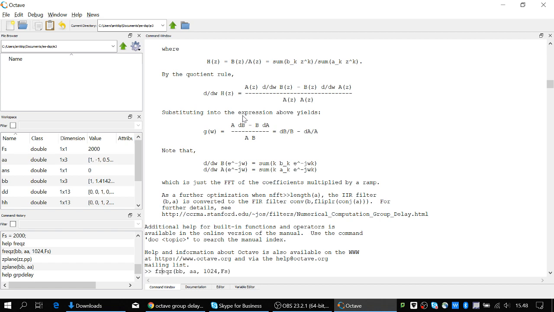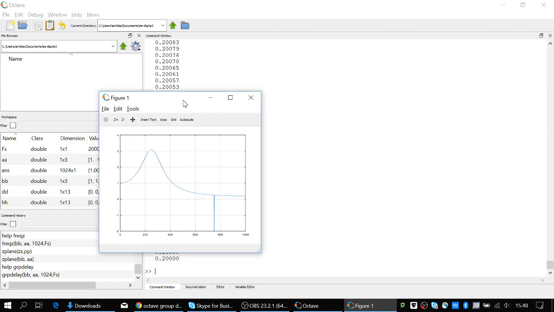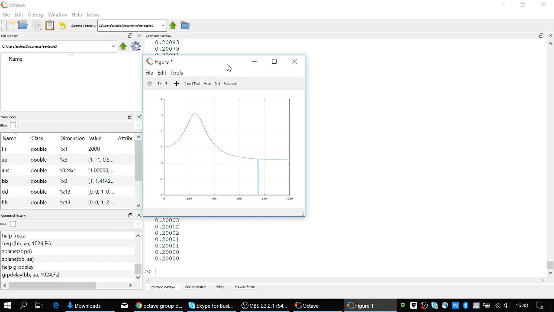Not frequency response, but let's calculate the group delay. Wow. It actually also returns something. Okay. And this gives the time delay in samples.